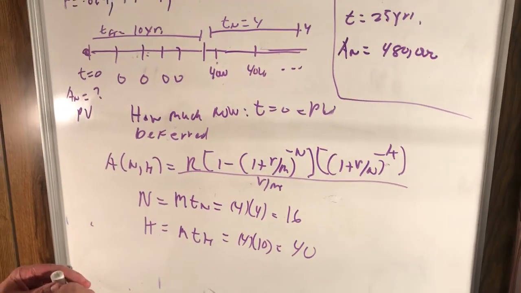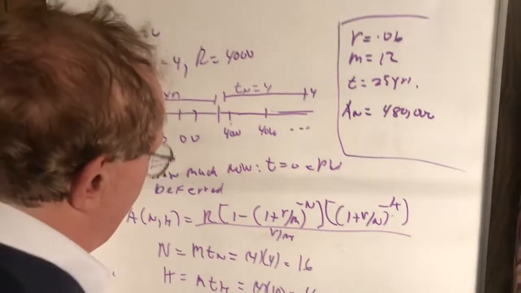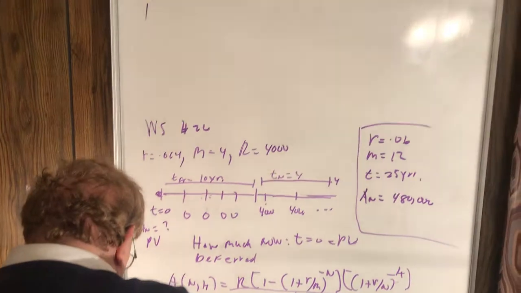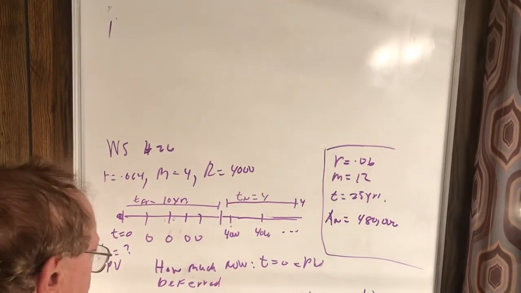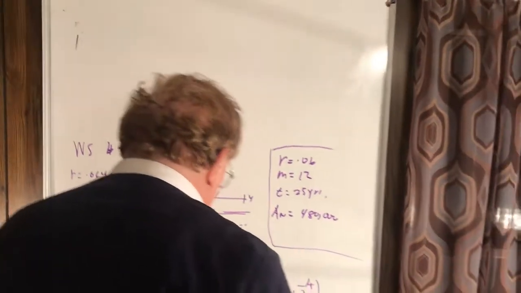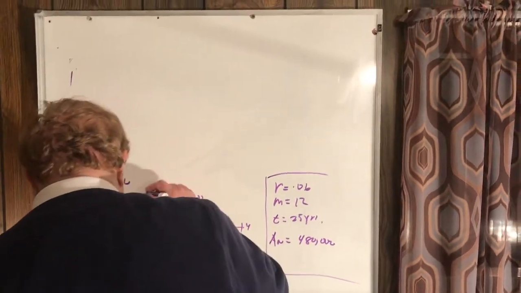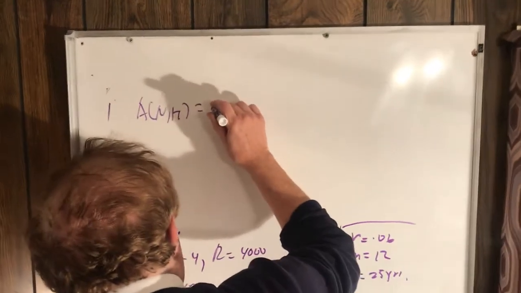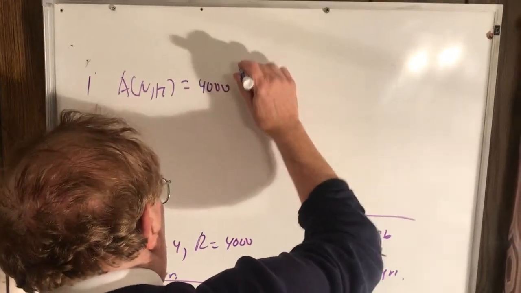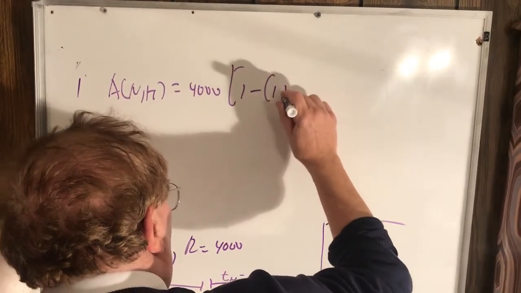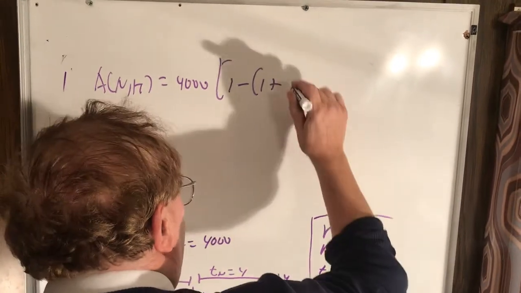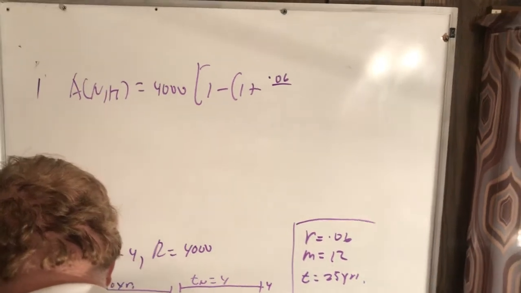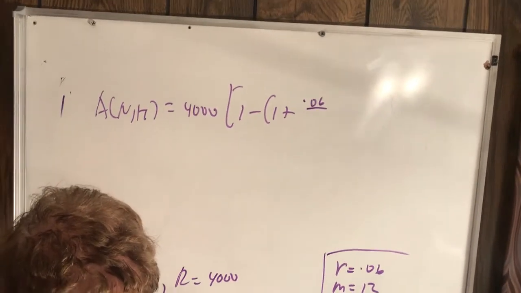So now all we have to do is substitute in this little equation here. Again, a deferred annuity. We don't usually do deferred annuities, that's a little too complex. So let's say A sub N K, which is what I want to know, equals 4,000 times 1 minus 1 plus 0.06 over, is this monthly? I think it was quarterly. Quarterly.